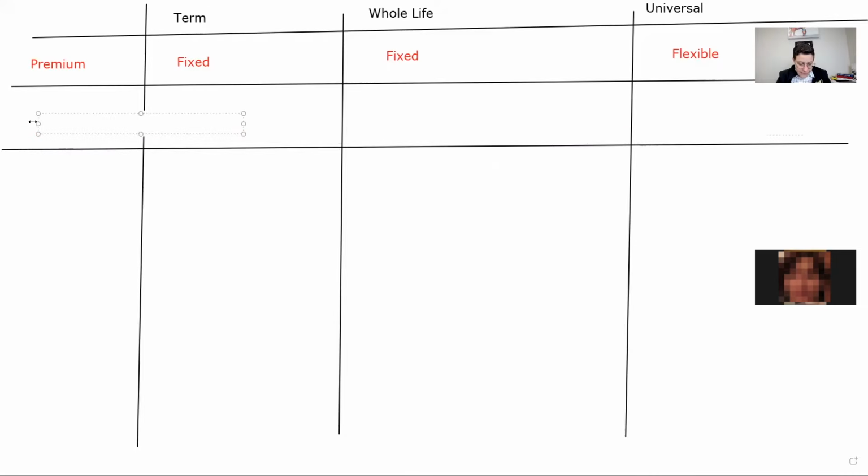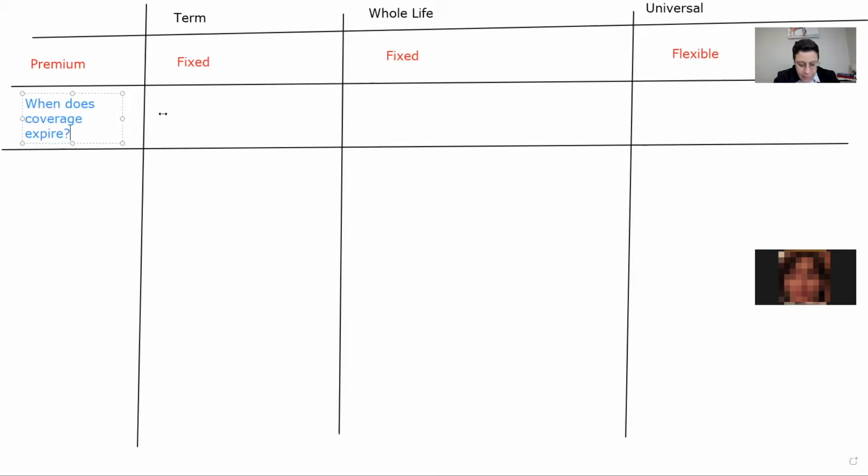The different types of, when does the coverage expire? When does coverage expire, okay? That's a very good way of asking the question, because the moment you answer that, you'll know if it's a permanent policy or if it isn't.